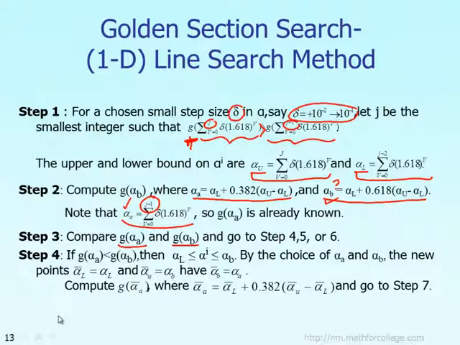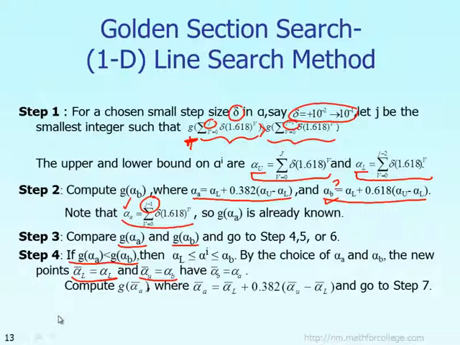If you find out the function value g at alpha A is less than the function g at alpha B, then in that case you say the new lower bound alpha L bar is the same thing as the old lower bound alpha L. But the new upper bound alpha U bar is different.